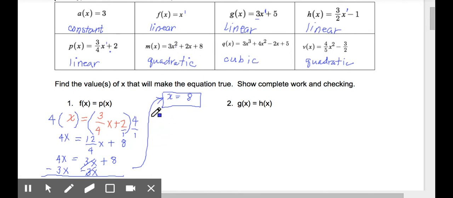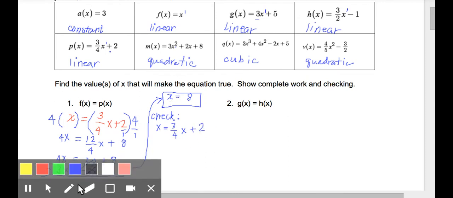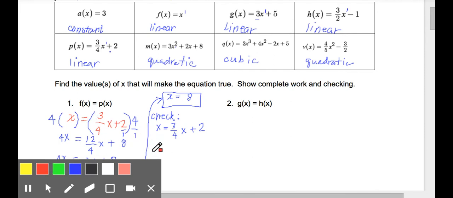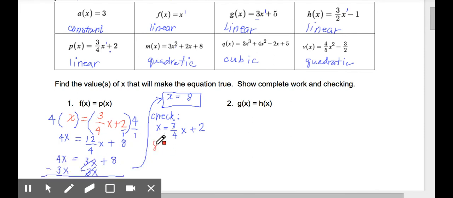Now let's check. So our equation is x equals 3/4 x plus 2. Now we plug in the 8 into x, so we'll have 8 equals 3/4 times 8 plus 2.